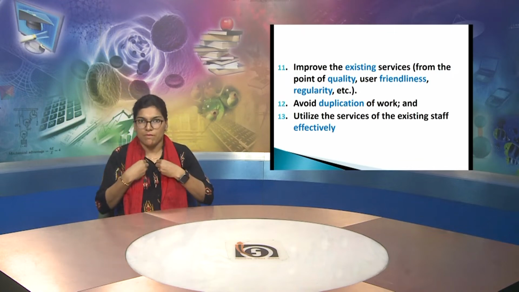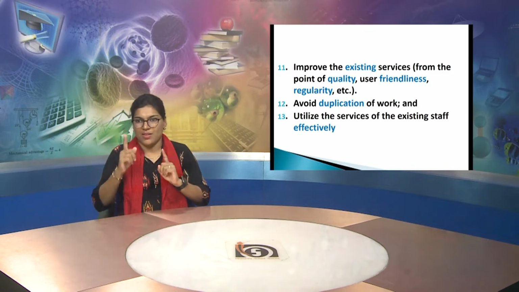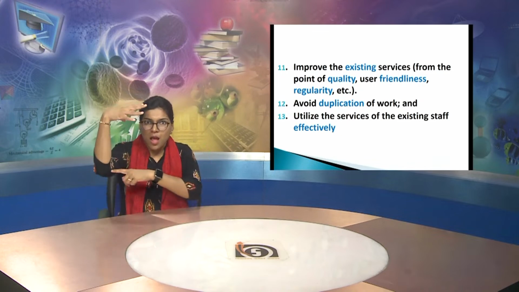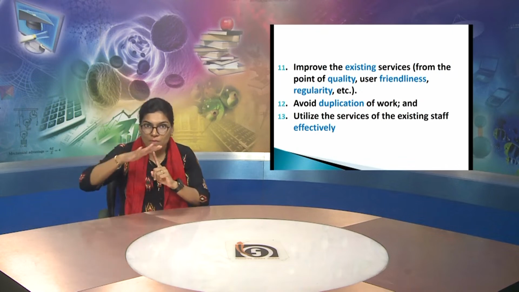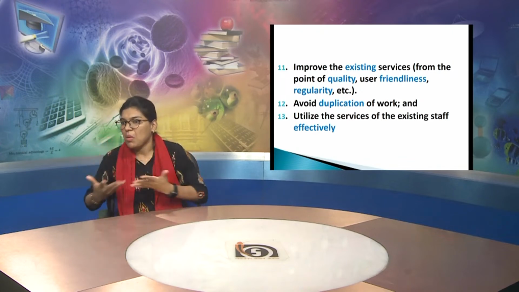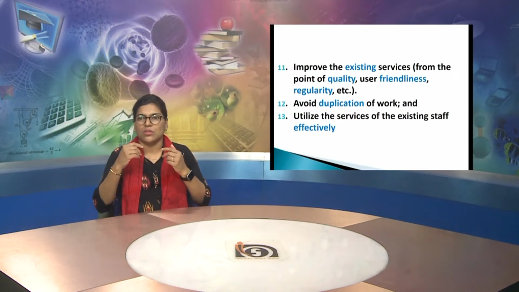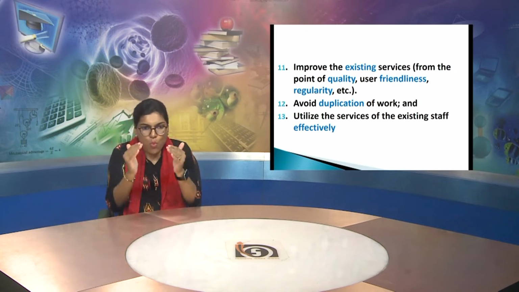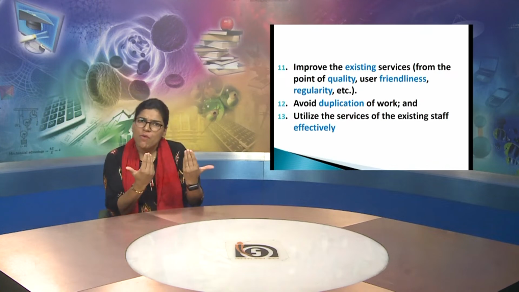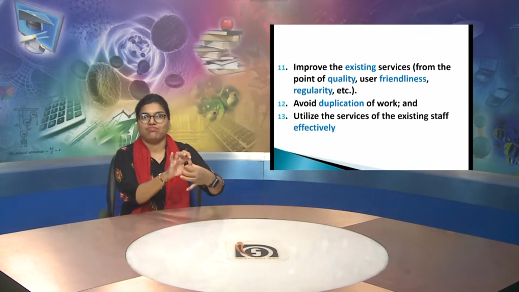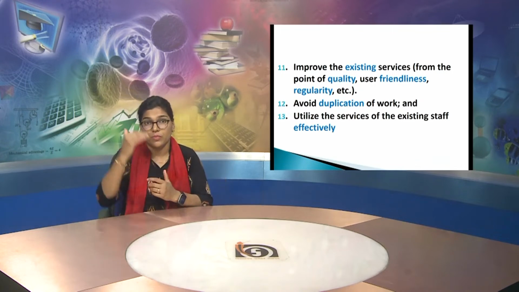Improve the existing services from the point of quality, user friendliness, regularity, etc. As the time passes, the services need to be improved. So that is why there was a need for library automation. Keeping the quality concern, the library automation has helped improve the quality.